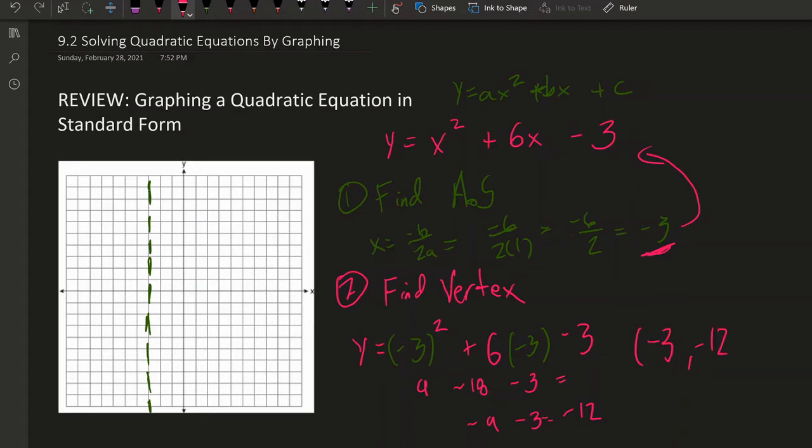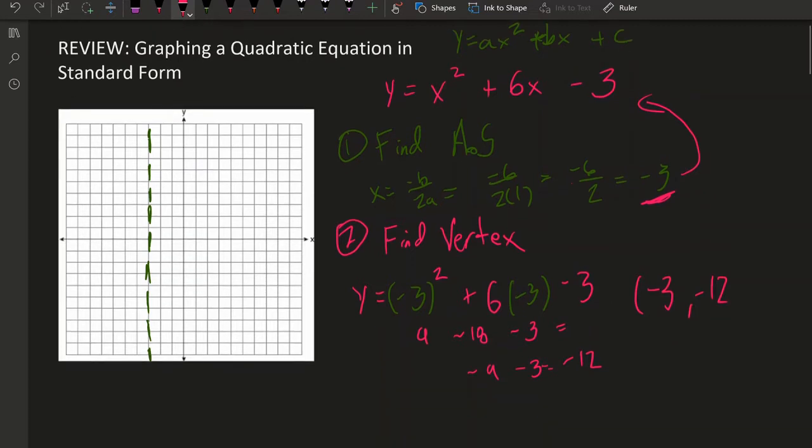So my graph only goes down to negative 10, so I'm going to have to go ahead and draw some lines in here. So here's negative 10, negative 11, negative 12. Okay, so step 3 is going to be graph the parent function.